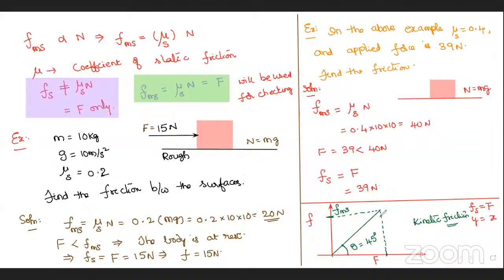Constant means you should get a straight line parallel to the x-axis. So I will get a graph like this, a straight line.